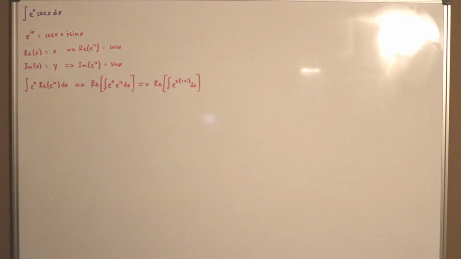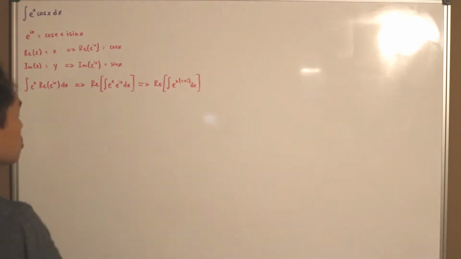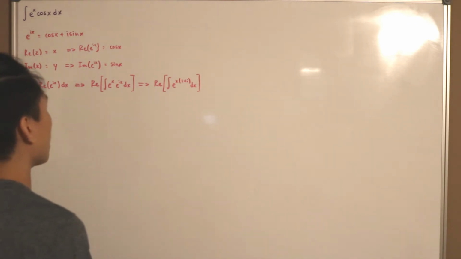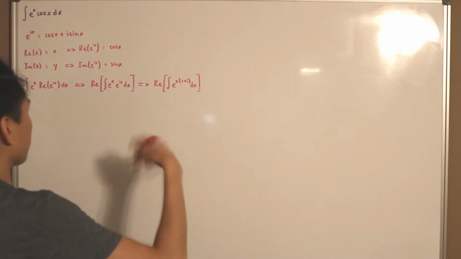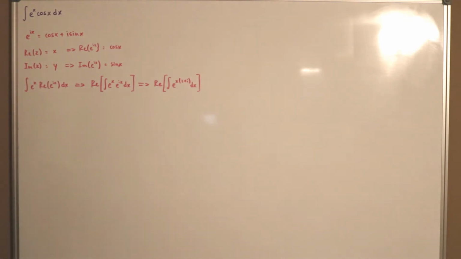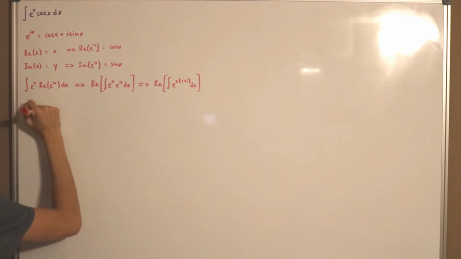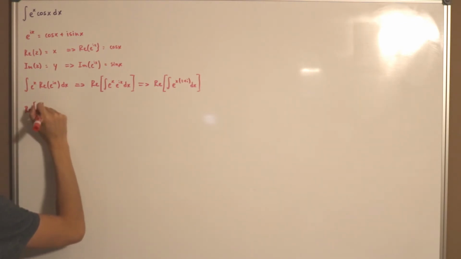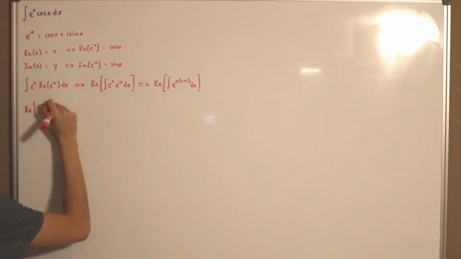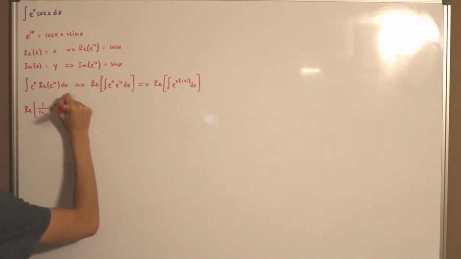Then I can take a u-sub: u equals x times (1 plus i), du is equal to (1 plus i) dx, and then divide both sides so that we get dx by itself. Then taking its integral, the real part is equal to 1 divided by (1 plus i) multiplied by e to the x times (1 plus i).